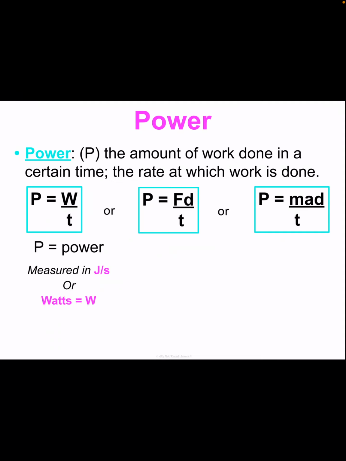The only thing that gets a little tricky with that is that it does use a capital W for the abbreviation. Now, some students might get a little confused because you have W for watts and W for work, but you are welcome to use joules per second or W for watts. Or if you want to write the word watts out instead, that's also fine too.